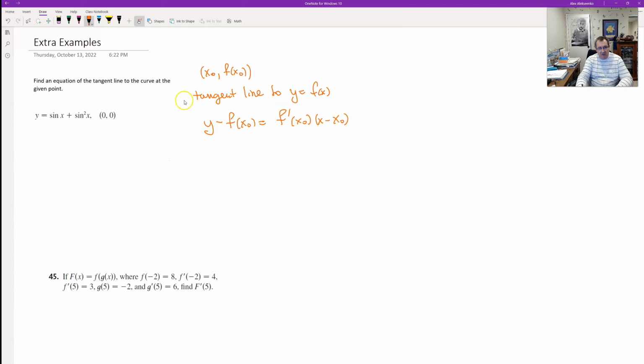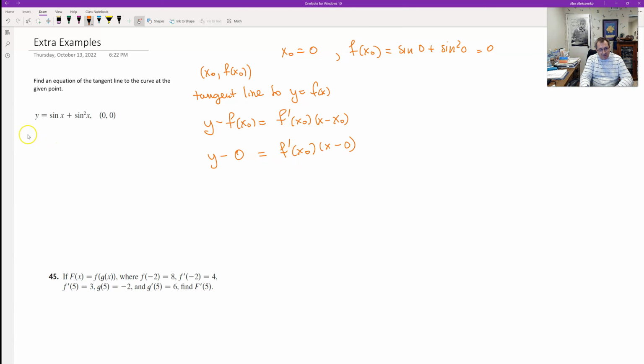So in this case, x0 equals 0. F of x0, which is sine 0 plus sine squared of 0, is also 0. So we know most of the values for that formula right on the spot. The only thing that we don't know is f prime evaluated at x0.